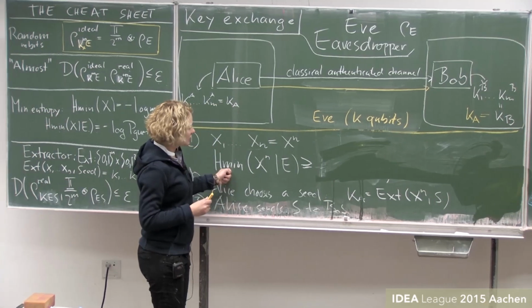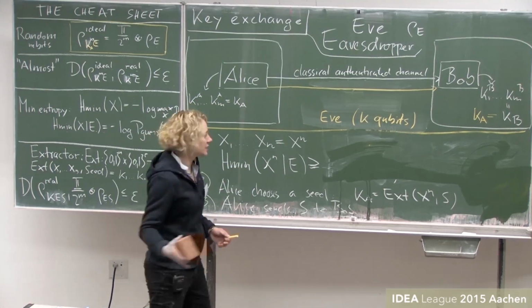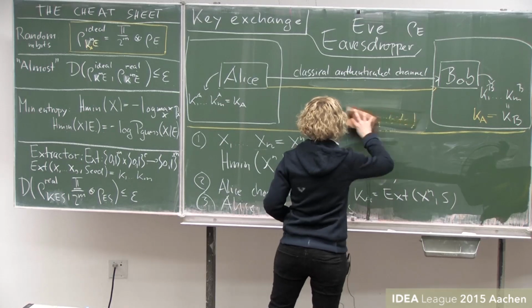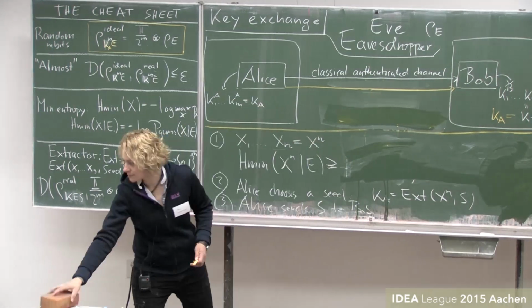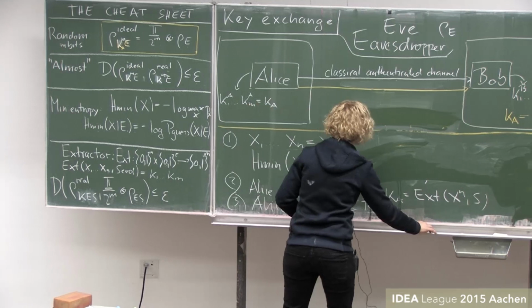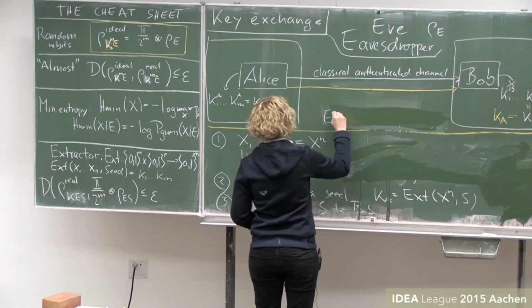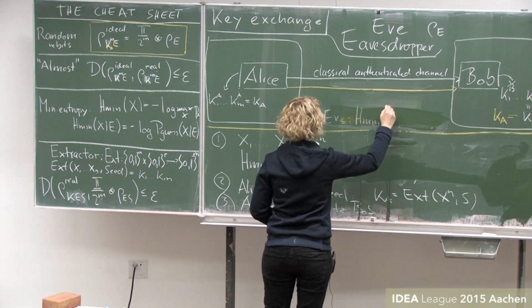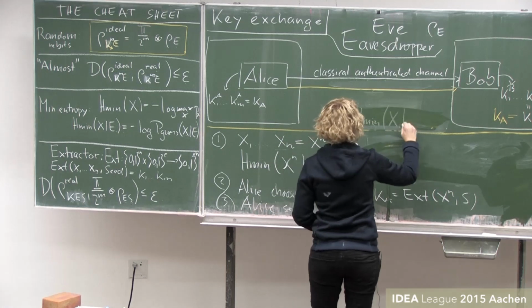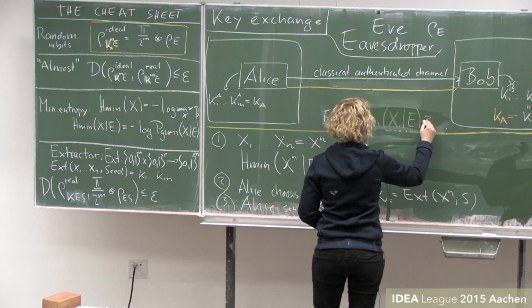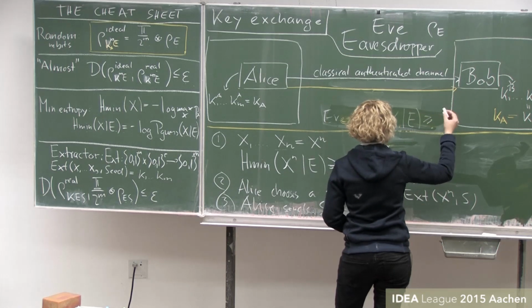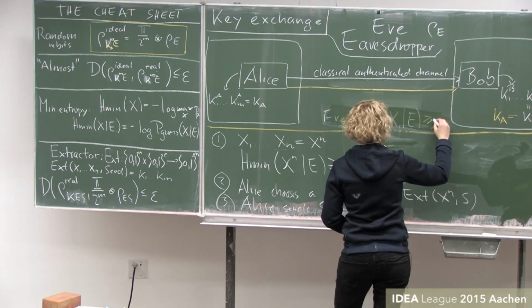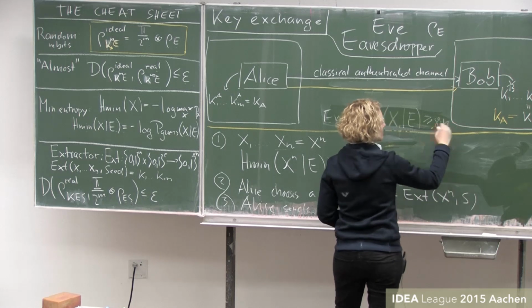But let's just consider the situation where we know that Eve's min entropy is bigger than something. Let's just call this gamma times n, some fraction of n.